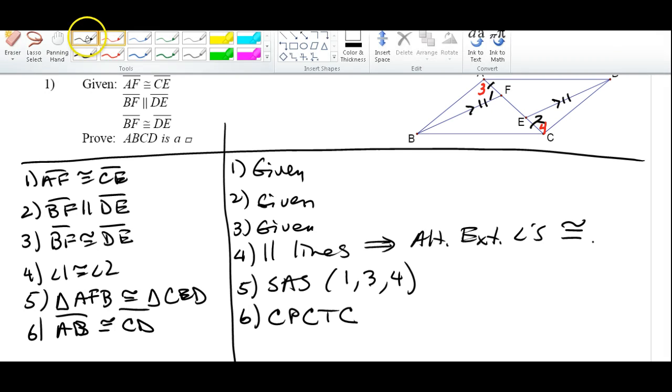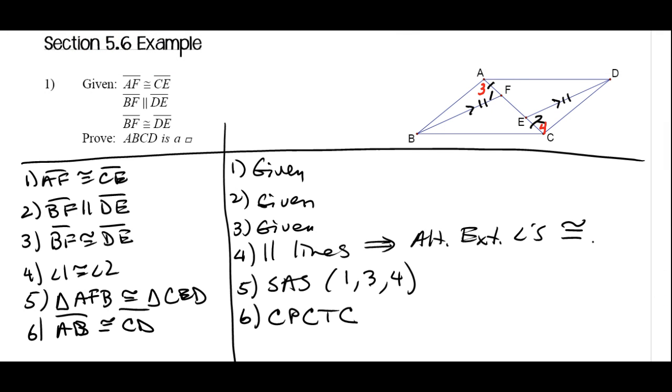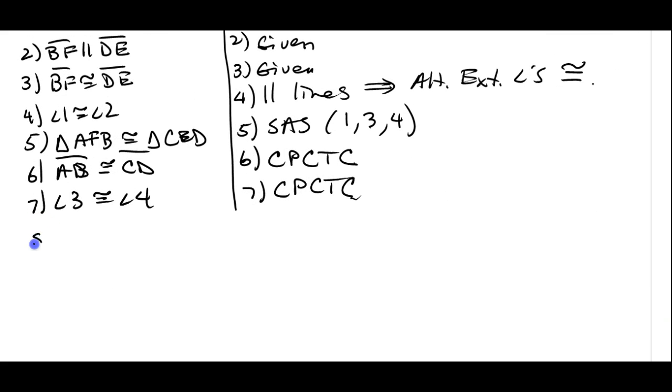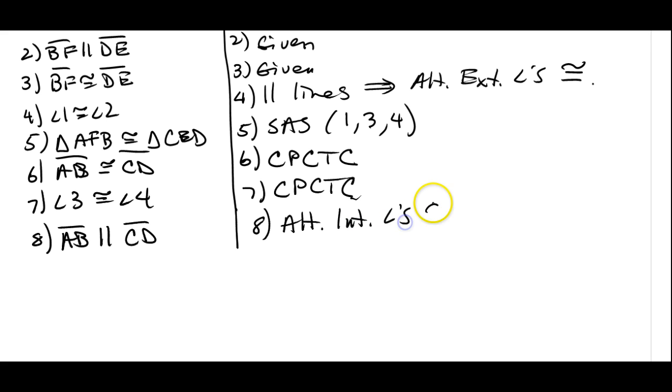So if I can get those congruent, then I can get AB and CD parallel as well. So I've got angle 3 is congruent to angle 4 also by CPCTC. Since those are alternate interior angles and they're congruent, I know that AB is parallel to CD. So alternate interior angles congruent implies parallel lines.